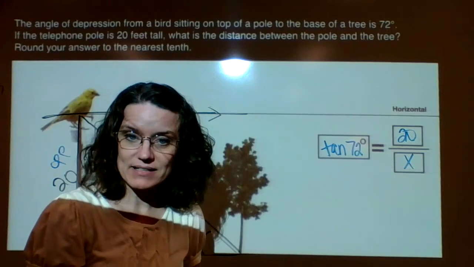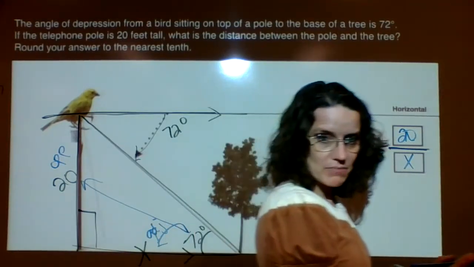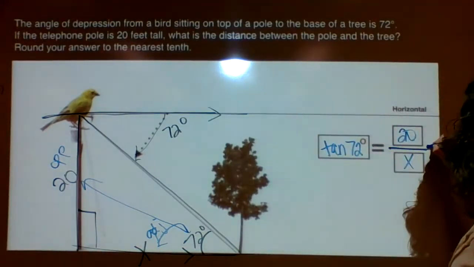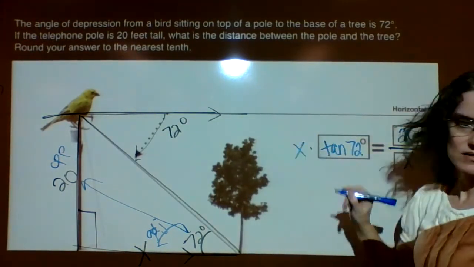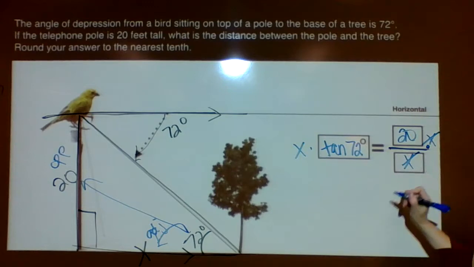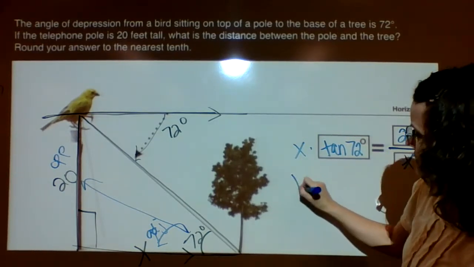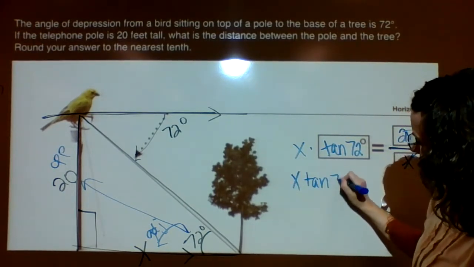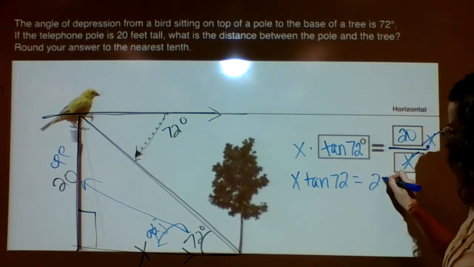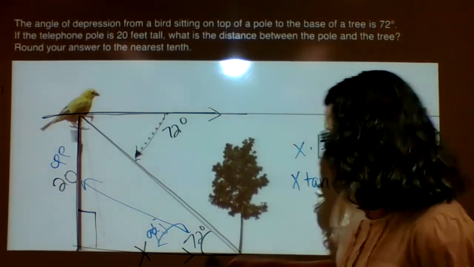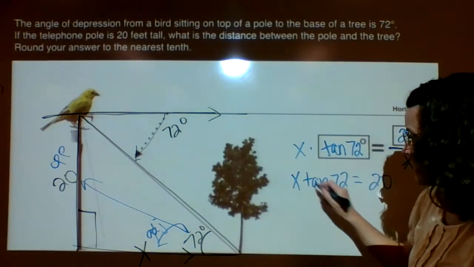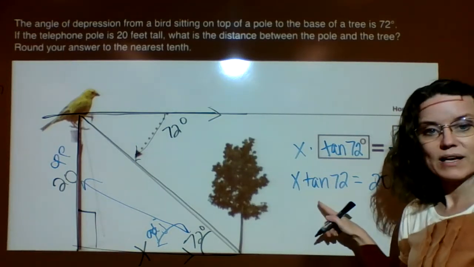I've got 20 divided by x. I don't want x to be on the bottom of my fraction, so I'm going to times x on both sides. That removes the x out of the fraction and puts it over here so that I have x times the tangent of 72 equals 20. And then you go, well, I don't want x times the tangent of 72. I just want x.